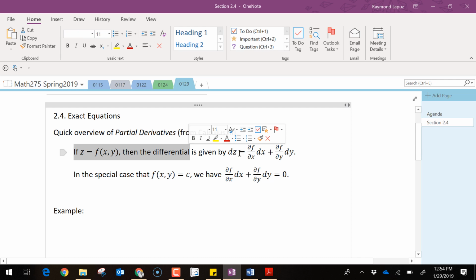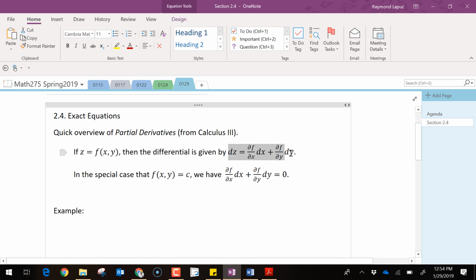So in this first sentence over here, if z is equal to f of x, y, then the differential is going to be given by dz is equal to the partial of f, and that curly d is the notation for partial derivative with respect to x. And then multiply it with the dx, and notice the dx has a straight d.